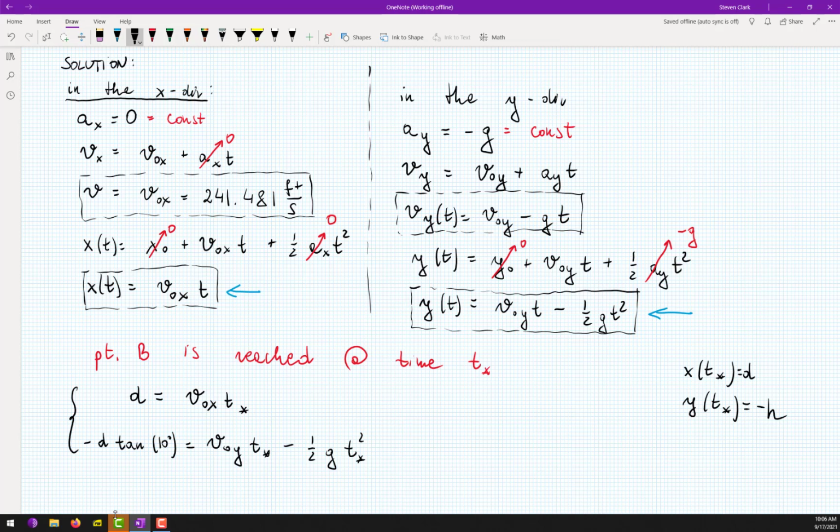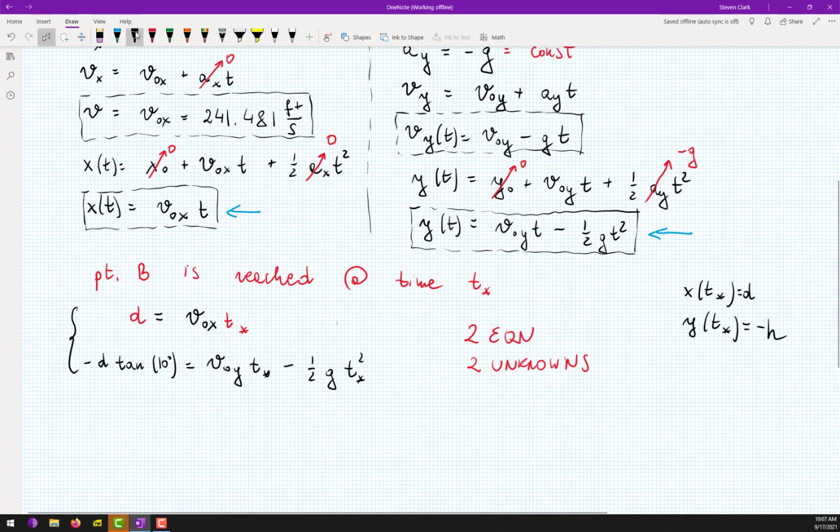Okay, so these are two equations and two unknowns, and you guys solved that type of set of equations 700 times in your life. Is it true? That's true. Two equations, two unknowns. Okay, let's solve it quickly.